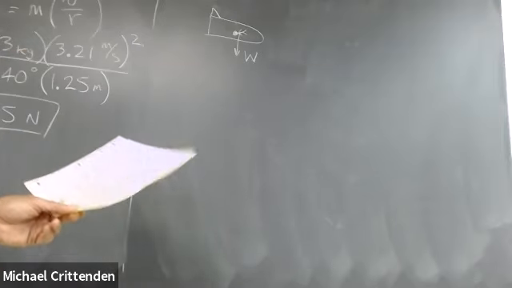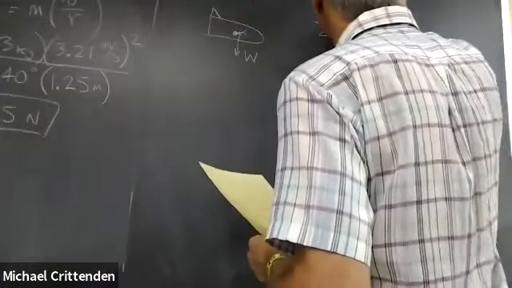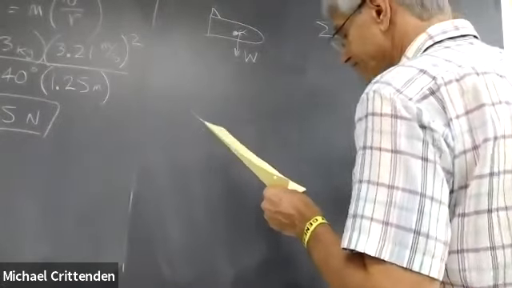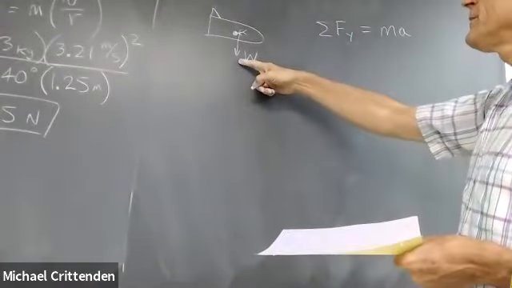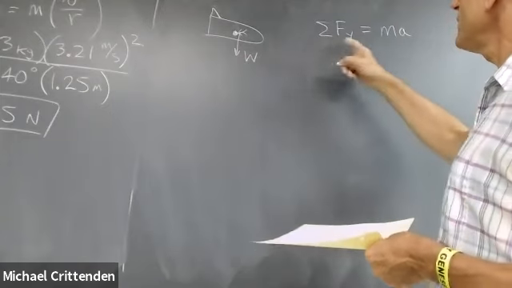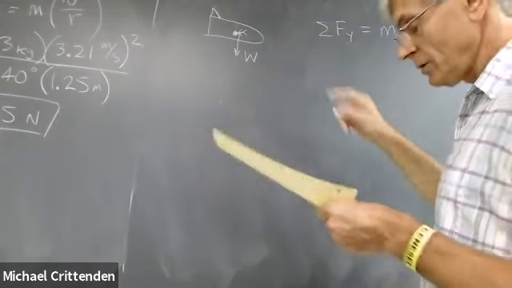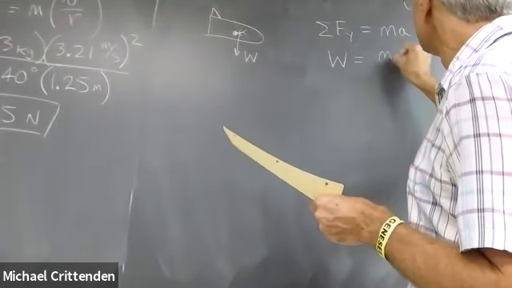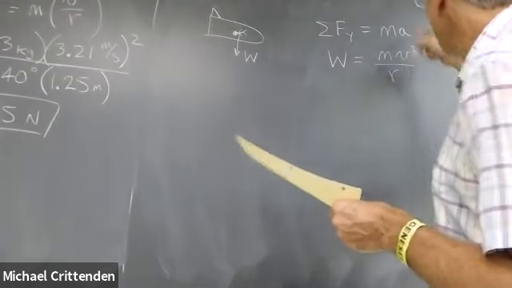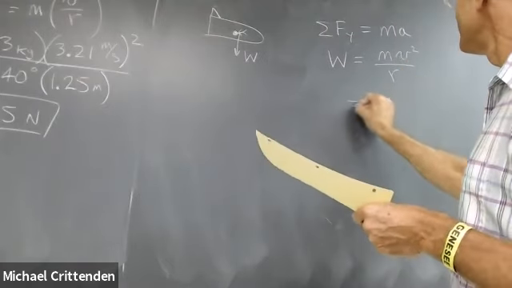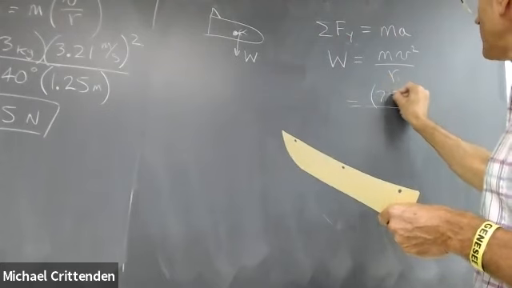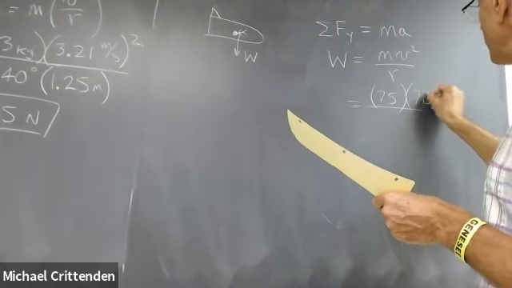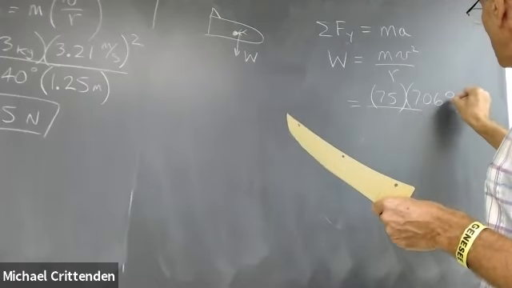Gravity provides the centripetal force. Summation of the forces in the y direction is equal to ma. Every vertical arrow on the picture becomes one of the terms in this summation. There's only one arrow. a is equal to v squared over r. Mass, 75 kilograms. 7068.